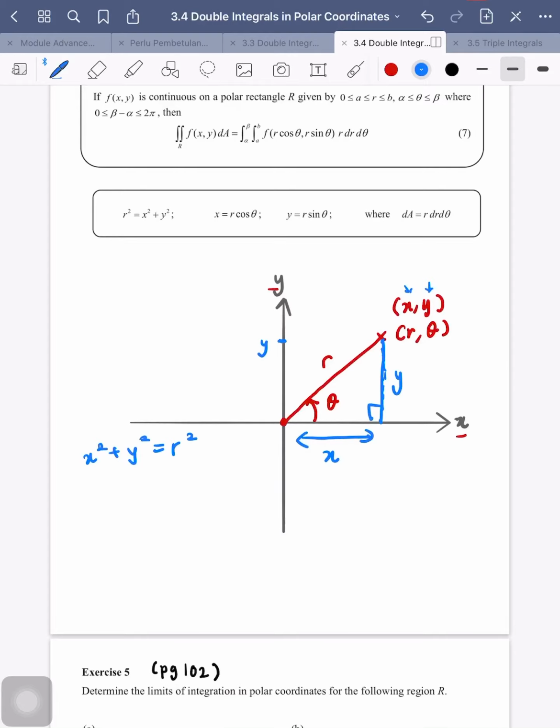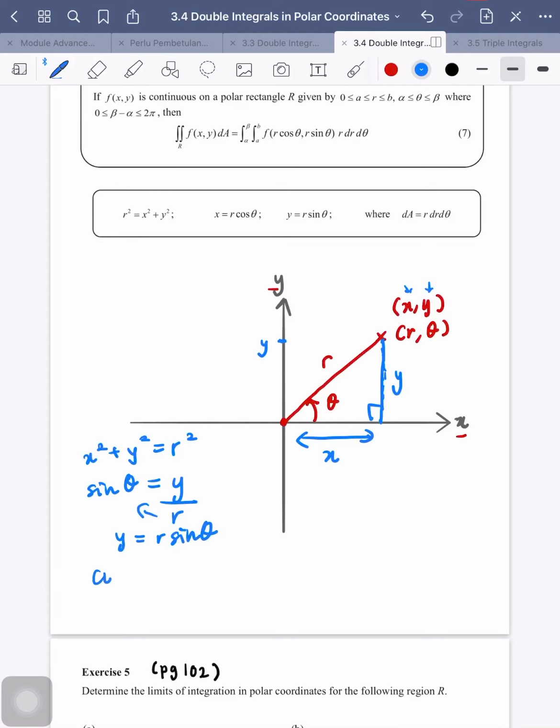If you remember in trigonometry, you learned SOHCAHTOA: sine theta is equal to opposite over hypotenuse. So sine theta is y over r. If I rearrange, I get y equals r sine theta.